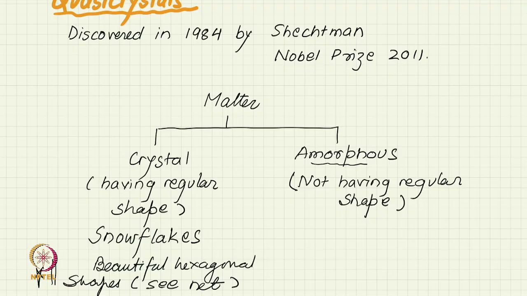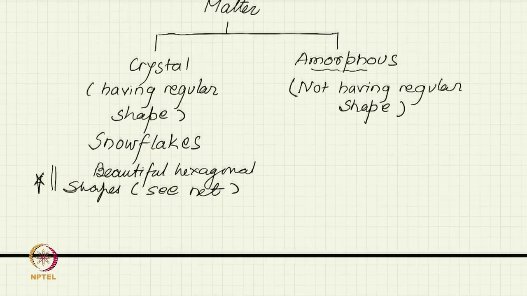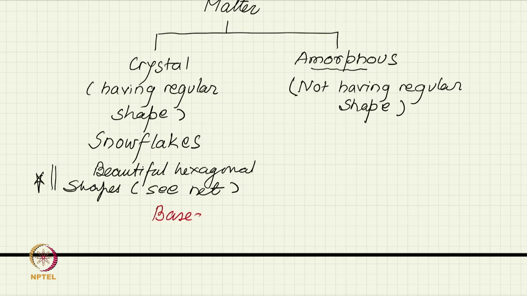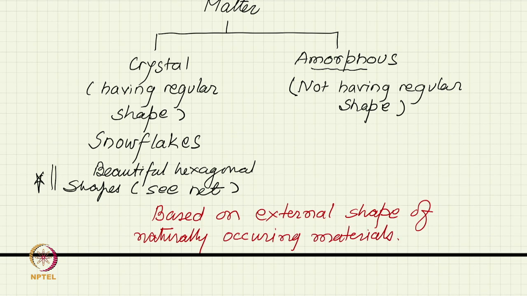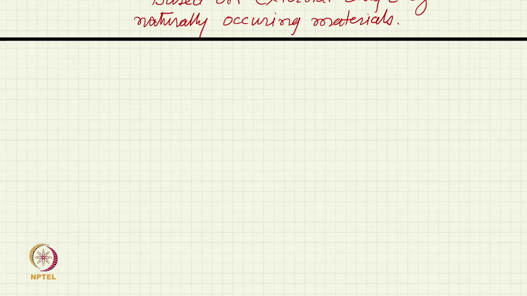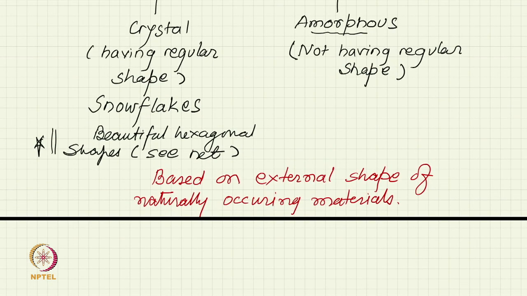This classification was based on external shape. When the question came of why some have shape, snowflakes are beautiful, but as you know other minerals also, for example rock salt.